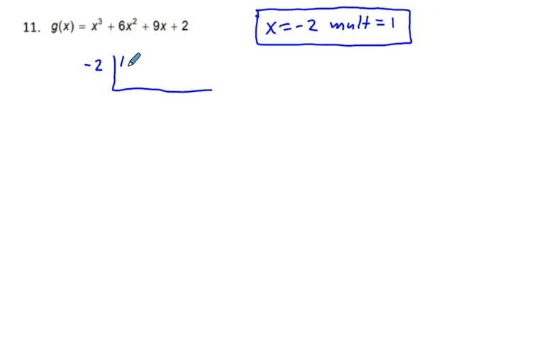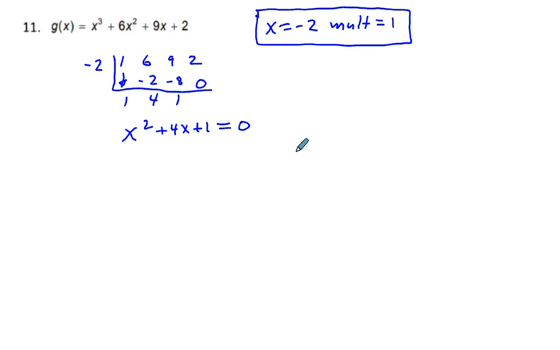Okay, negative 2, we have 1, 6, 9, 2. Bring this down 1, 2, 4, negative 8, 1, 0. So we have x squared plus 4x plus 1, and that's equal to 0.